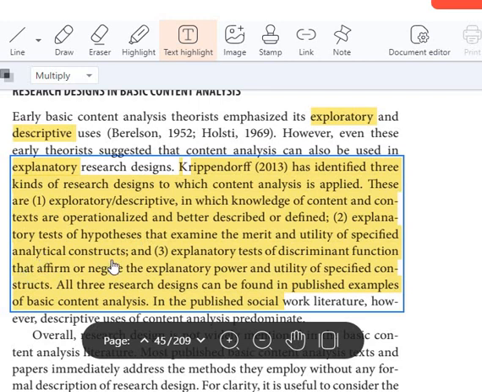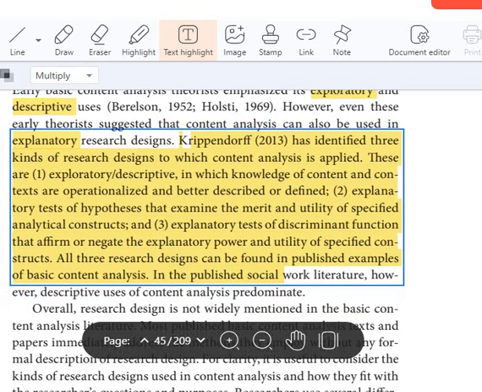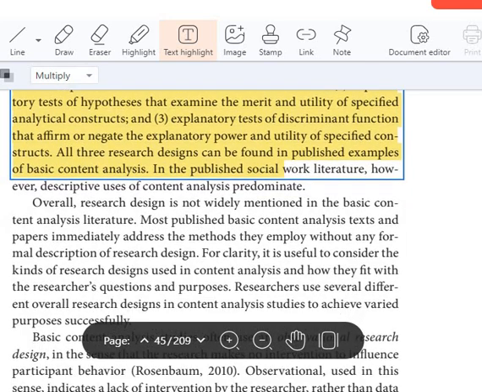The last one is the explanatory test, but not of hypotheses. We're talking about discriminant function that affirm or negate the explanatory power and utility of specified constructs. These three research designs can be used in published examples of basic content analysis. So it means that the basic content analysis uses those three, but with a main focus on the first one.